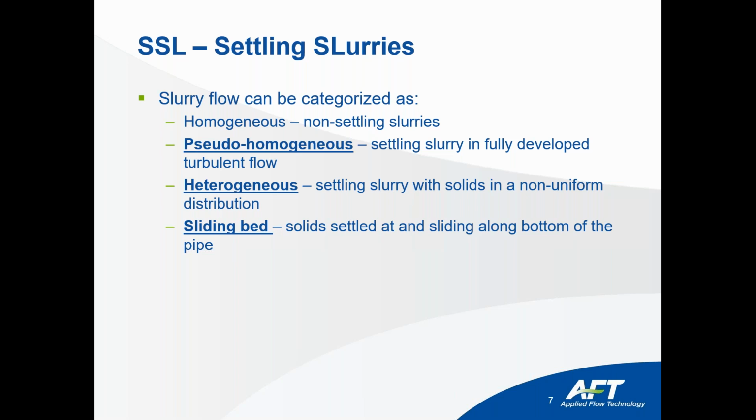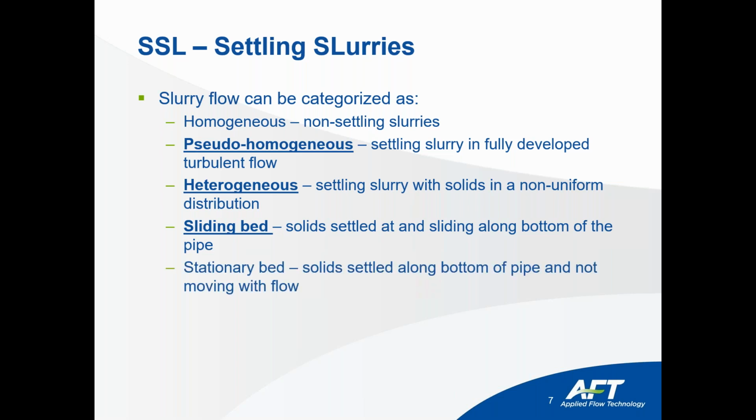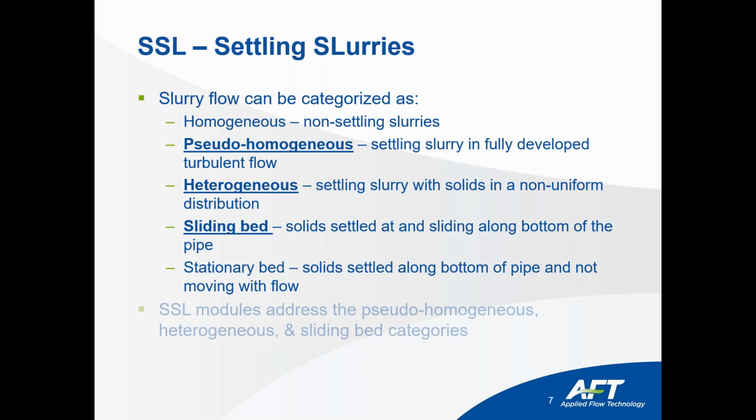And so that sliding bed is where your solids just keep moving down the pipe a little bit at a time. And then finally, there's a stationary bed. That's where the velocity is way too low, and your solids just start collecting at the bottom. They're not flowing, and you're going to end up with a plugged up pipe. So the SSL module can help you with the three middle categories: the pseudo-homogeneous, heterogeneous, and sliding bed.